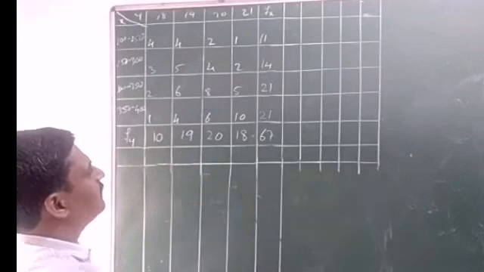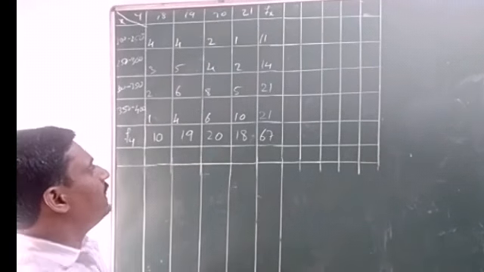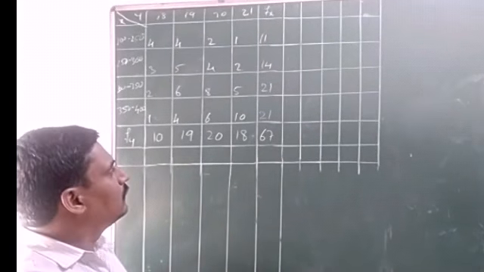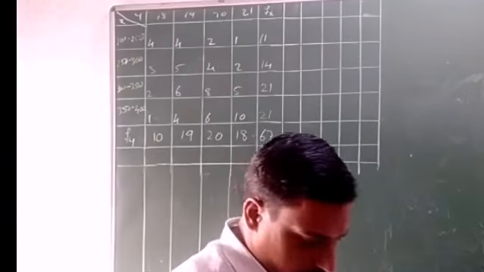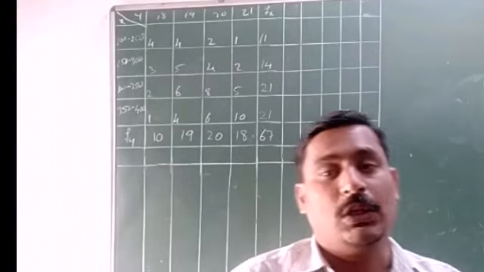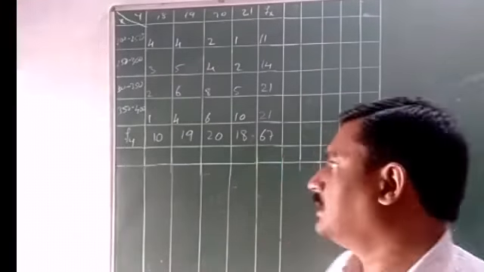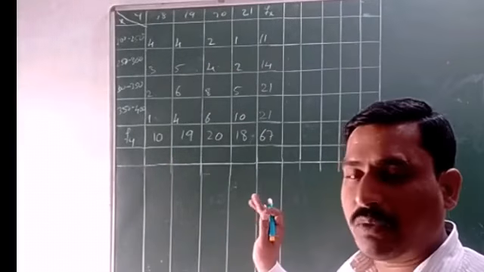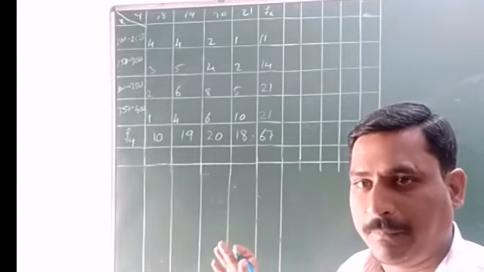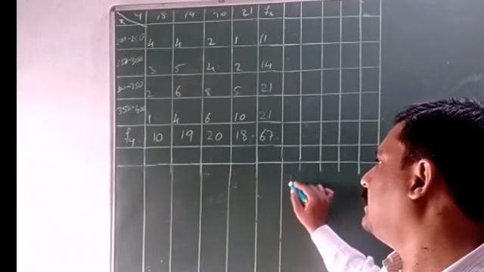Okay, 10 plus 19 is 29, plus 20 is 49, plus 18 is 67. So both sides' totals should match, because the frequency n belongs to both and is the same. 67 observations we have studied here. So 67 is capital N.